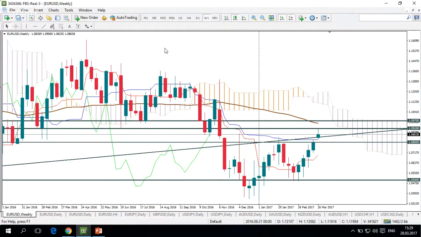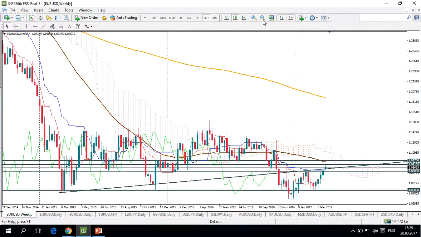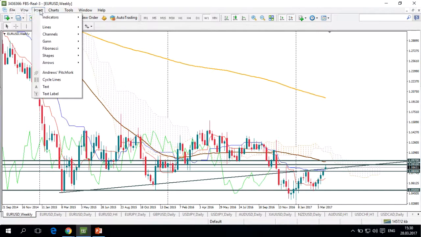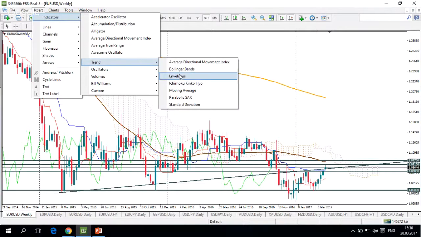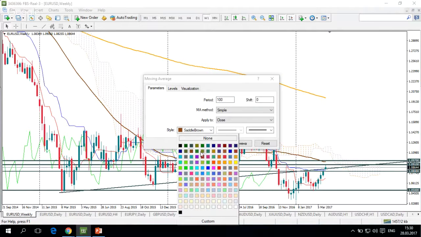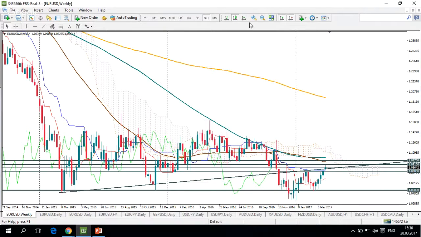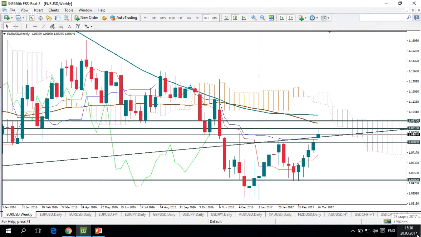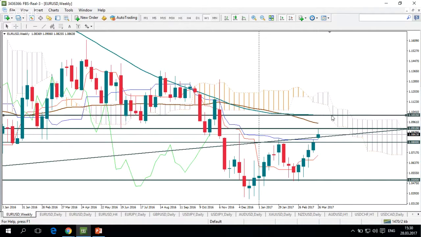Personally, I think that the best moving averages to watch are the 200-day moving average, which is painted in orange here, the 50-period moving average painted in brown here, and also the 100-day moving average, 100-week moving average in this case. We usually paint it in green. It is also a good tool. These are the moving averages which are mostly watched by traders and investors. So I think that they are important. And this line is just above the key psychological level of 1.10.